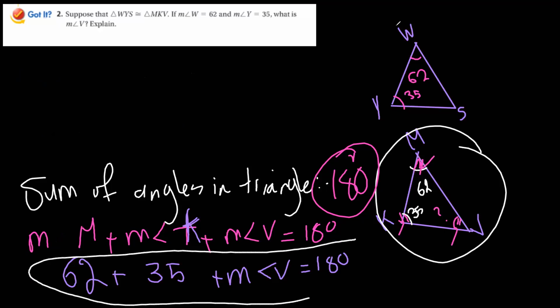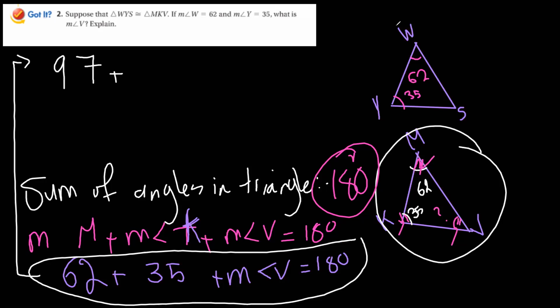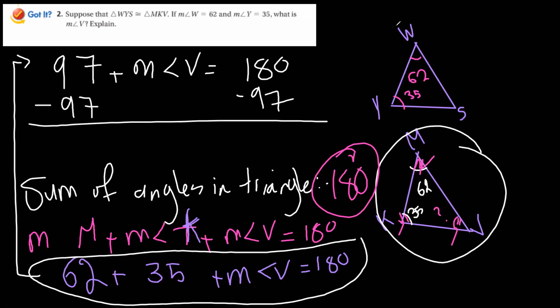62 plus 35 plus the measure of angle V is equal to 180. 62 plus 35: 5 plus 2 is 7, 3 plus 6 is 9. So 97 plus the measure of angle V is equal to 180. Then minus 97, it comes like an equation.